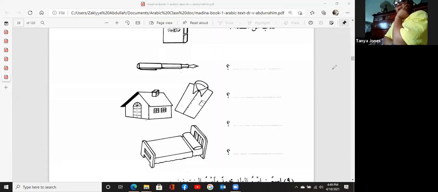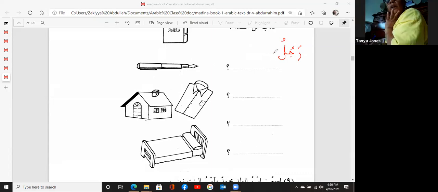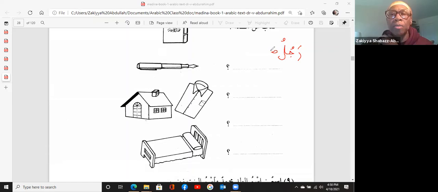Rajulu men hada. Right, because you're going to end in Dummah or Dummatan, because all words start out in nominative case. So Rajulu, you said what? Rajulu men Heather. Whose man is this?